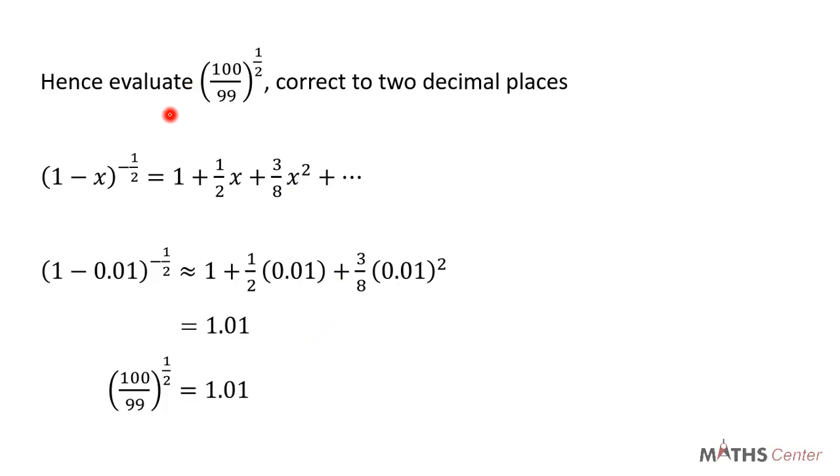So this means that if we use the expansion of 1 minus x exponent negative half up to the third term to evaluate 100 divided by 99 exponent half and correct our answer to 2 decimal places, we are going to have 1.01. Let's consider the next question.